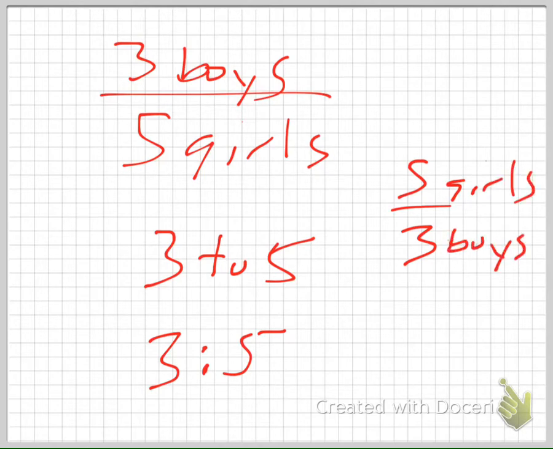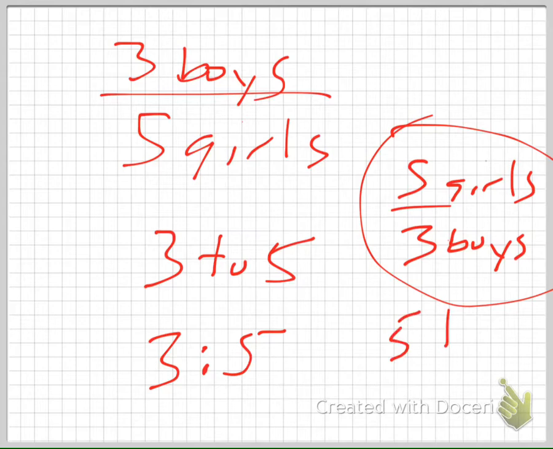No, that's totally legitimate. And that's why you can't think of it as a fraction, because the reciprocal is not the same, right? But this is totally legitimate. And then you'd go 5 to 3 or 5 colon 3. Make sense? Okay. You've done this.